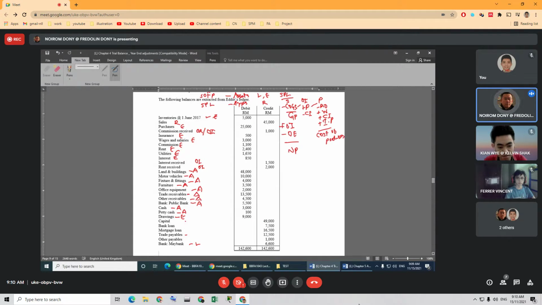Capital is very easy to identify as equity. Bank loan, long-term liability. Mortgage loan, liability. Trade payable, current liability. Other payable, liability. So by identifying this, you have already allocated which financial statement you need to put all these items in the trial balance.